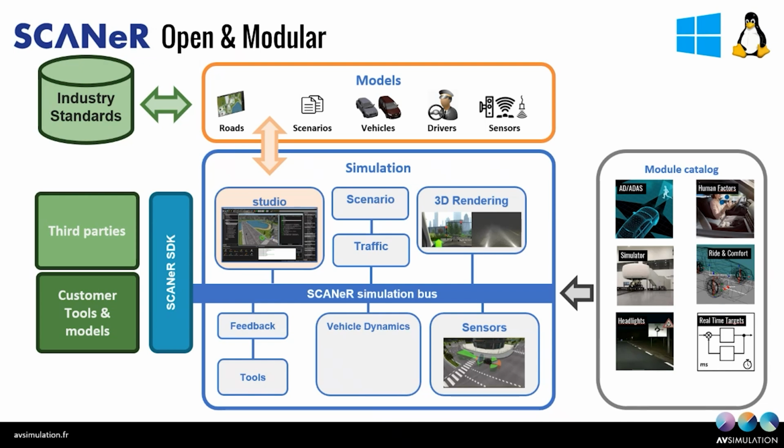It controls every vehicle in the simulation. Every vehicle that needs to be autonomously controlled is controlled by this module. In the simulation bus, you will also have the vehicle dynamics, the needed tools to get feedback from your simulation bus, the different sensors. But what is interesting for us today is the visual rendering, the 3D visual rendering.